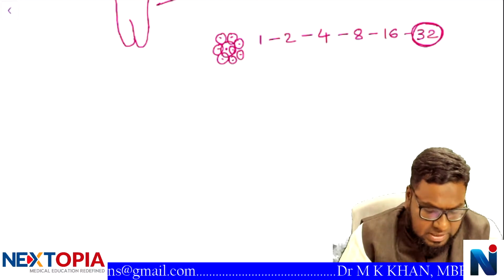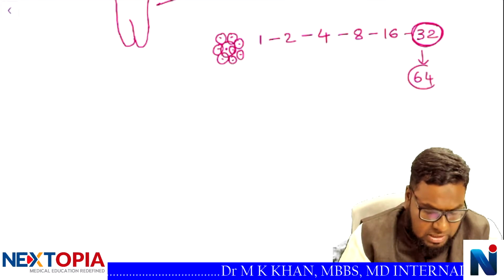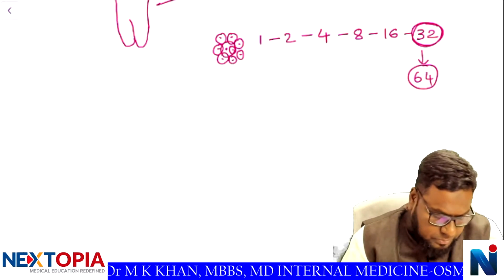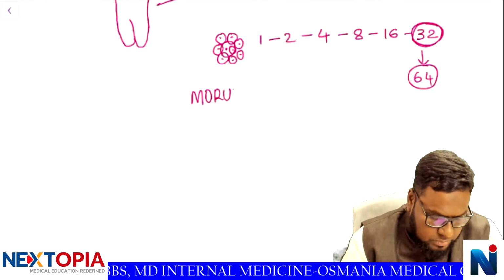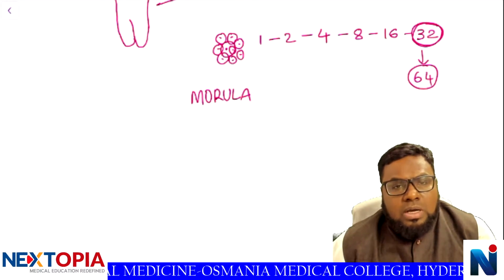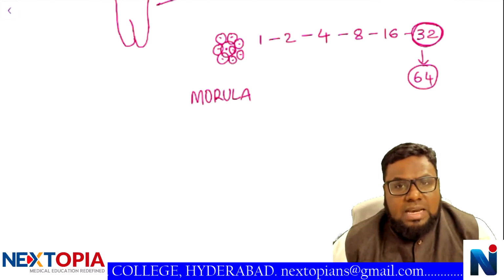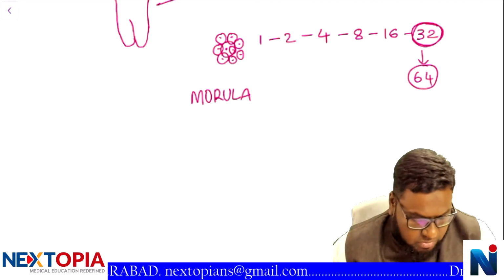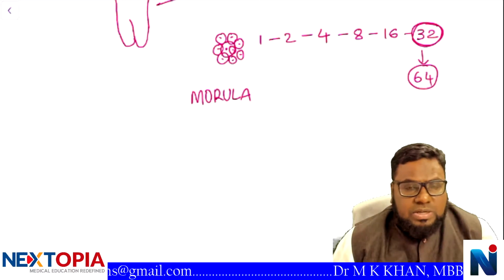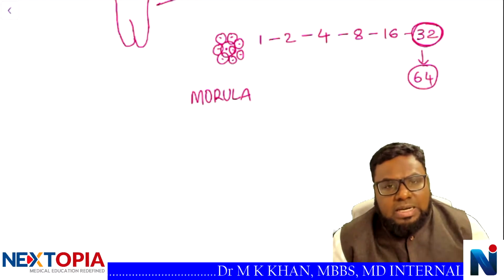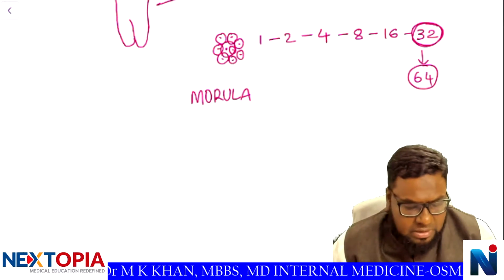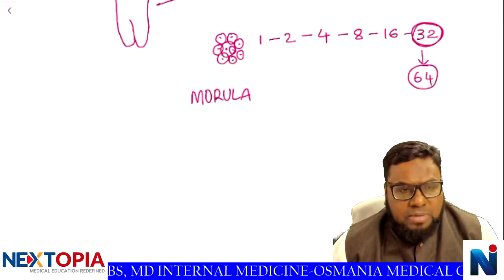After the 64 cell stage, we call this a morula. Now the morula will be divided into inner cell mass and outer cell layer, which is called the trophoblast. There is a differentiation. I'm just summarizing it very quickly. We will begin the detailed discussion shortly.